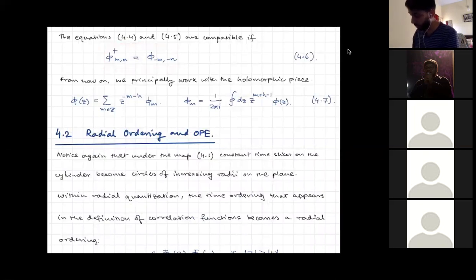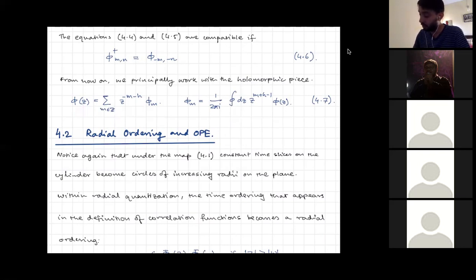What we are going to be doing from now on is dropping the anti-holomorphic part, so we are just going to expand the phi of z, not phi of z bar, but just the z part of it. This is something that is going to be happening for most cases as we go along.